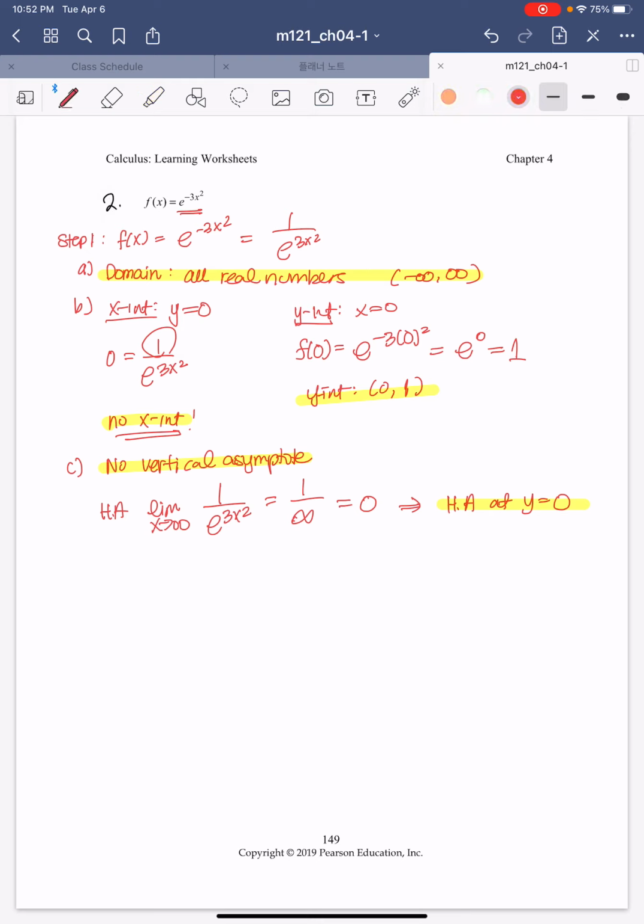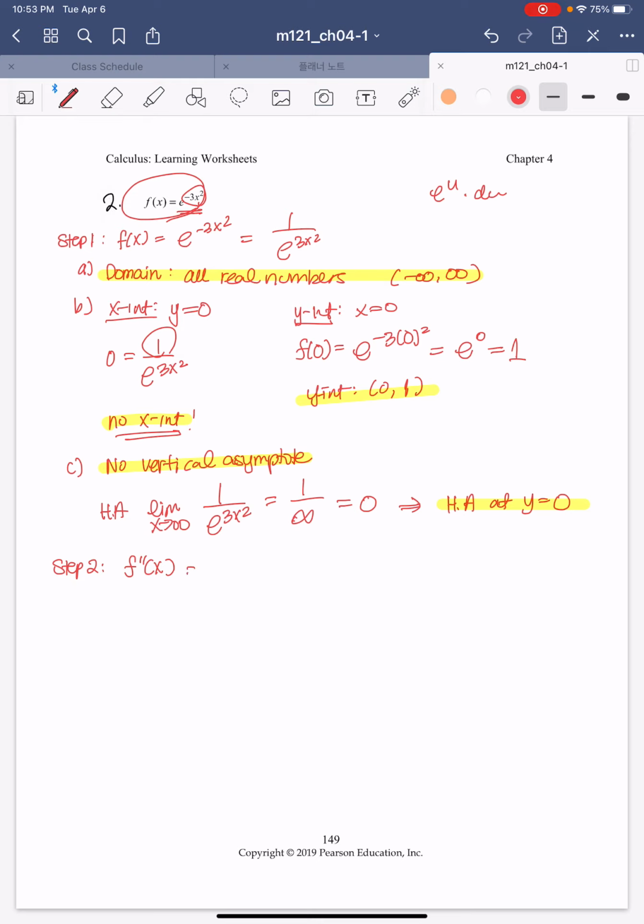Step 2, let's take a look at our derivative. If I take the derivative, this one is a chain rule, so I'm going to have e to the u times du.